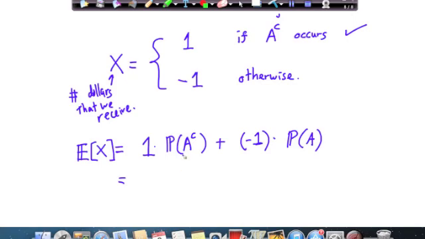Previously, we have determined the probability for the complement of A, which turns out to be 0.37. Therefore, 1 minus 0.37 will be the probability of A. That will give us 0.63, right, which is 1 minus 0.37.